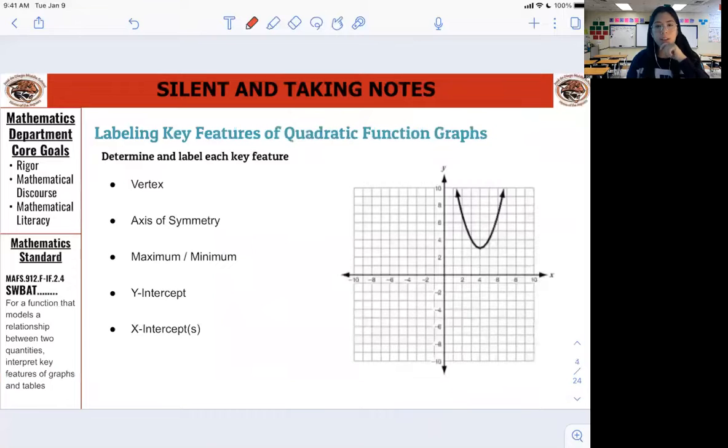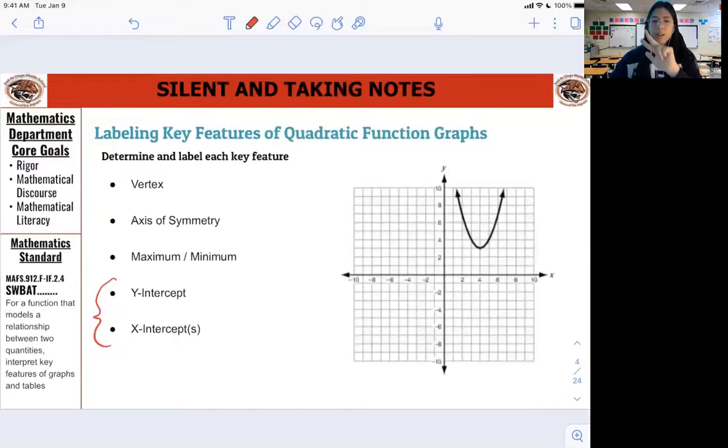Take a look. I will admit this one's slightly more challenging down here when we get to these two, but that's okay. Just remember what I said, vertex, axis of symmetry, and maximum/minimum are the most important. So see how easily you can get those. I'll give you guys about a minute. Send me your answers in the chat.